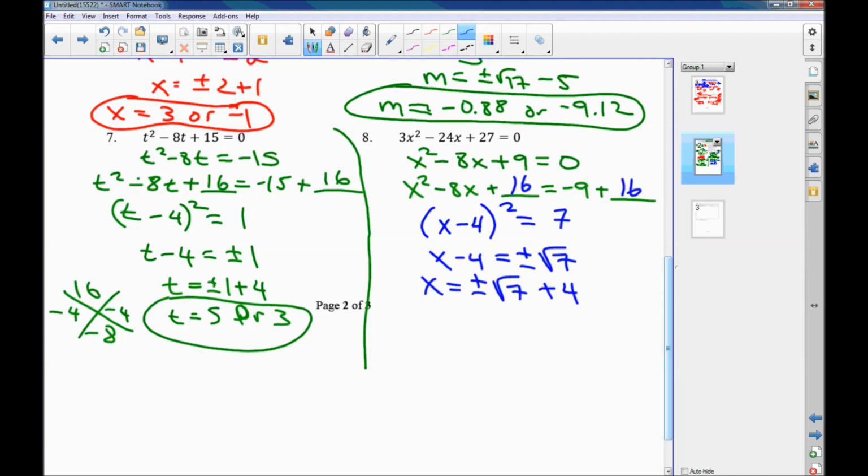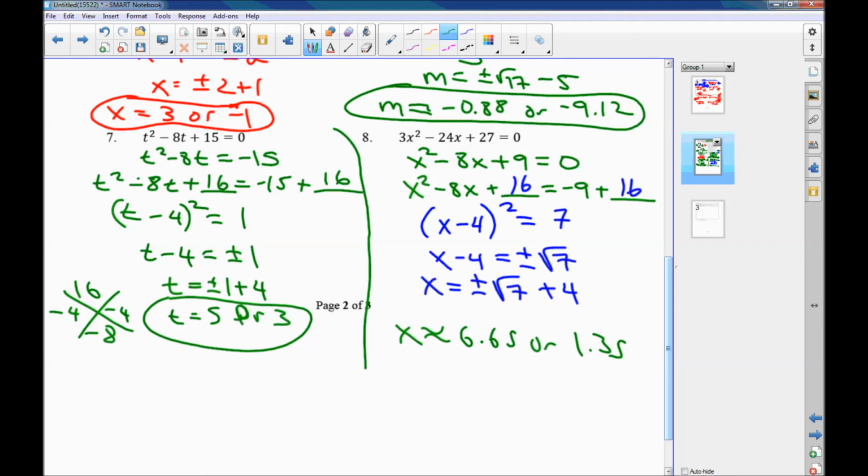So plus 4 on the end. And then I type that on my calculator. So the square root of 7 plus 4 is 6.65. Or negative the square root of 7 plus 4 is 1.35. All right?